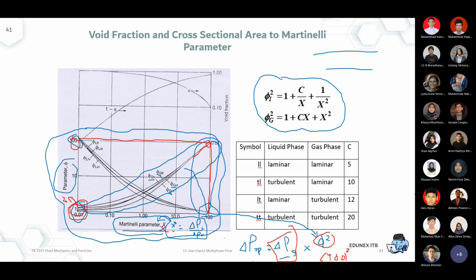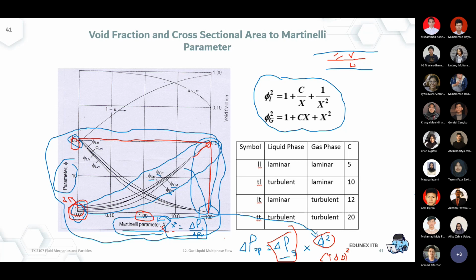But let's say previously I said that the vapor fraction is 50%. So the pipeline is roughly filled 50% by the vapor and 50% by the liquid, and assuming the pressure drop for the pure liquid and the pure vapor is roughly equal, that will give you x equal to 1.